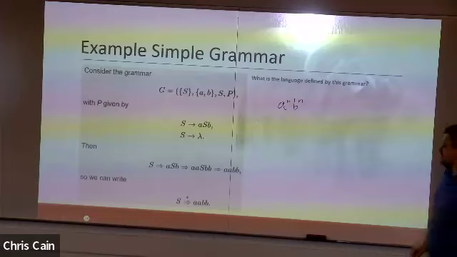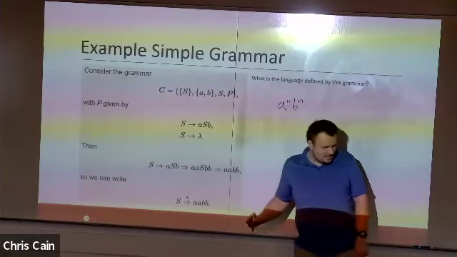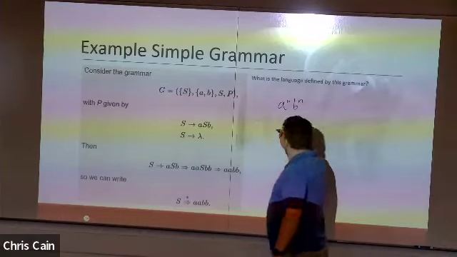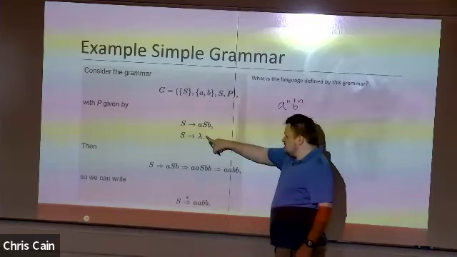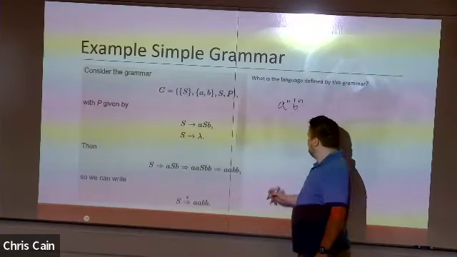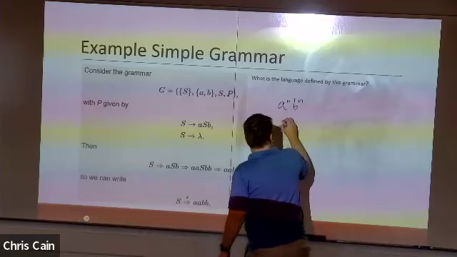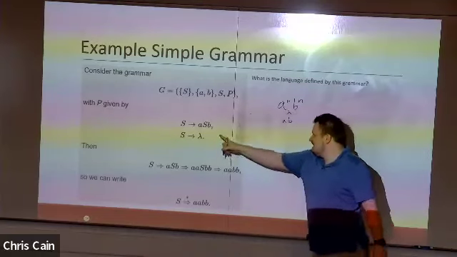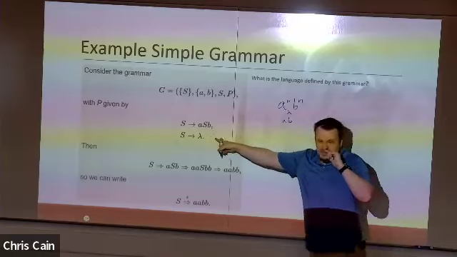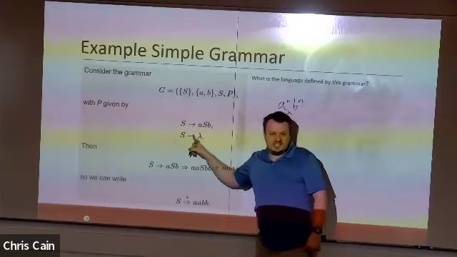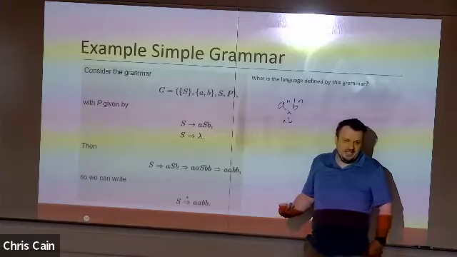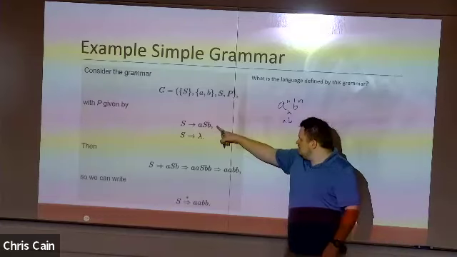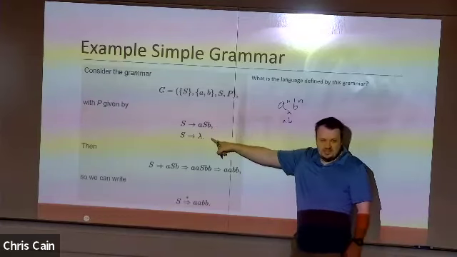The next thing that we could do is apply this rule followed by this rule, where we would have AB. So we had lambda, we have AB, we can apply this rule, this rule, this rule. Note that this rule terminates the whole thing, and it's the only way to terminate the whole thing. So we can apply this rule any number of times, but as soon as we apply this rule, we're done.